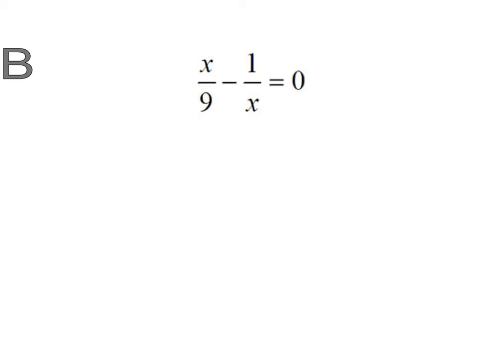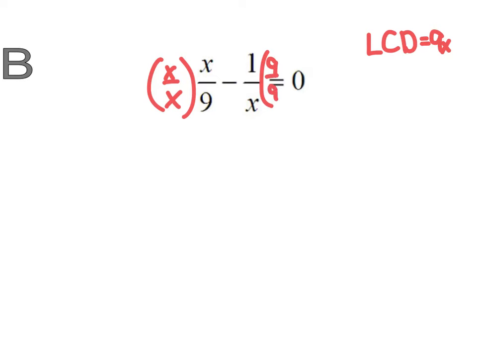My next equation is not yet in the form of one polynomial over another, so I need to combine and simplify my left side. In order to do this, I need to identify my least common denominator. It would be 9x. So I'm going to rewrite the left side by multiplying the first part of the expression by x over x and the second by 9 over 9.